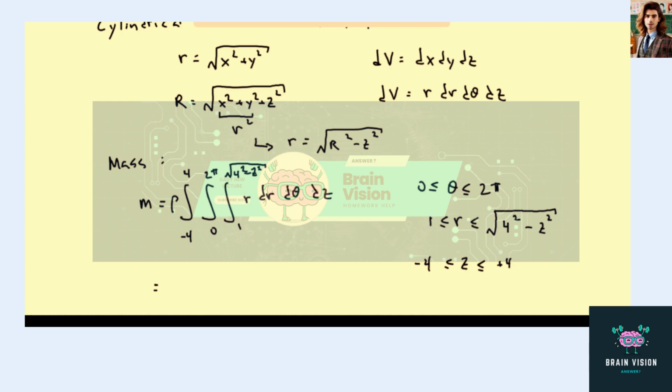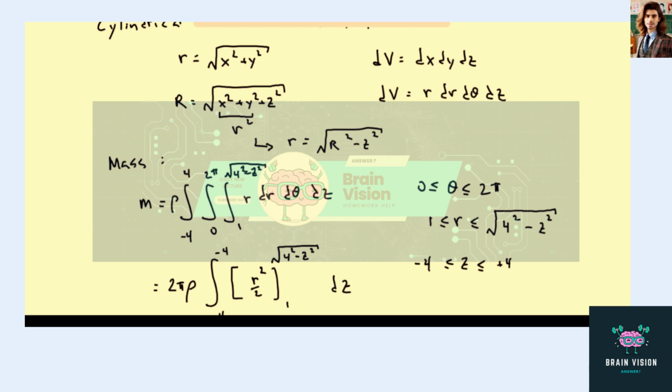The integral on theta will be easy to evaluate because our integrand does not depend on theta. This will give us 2 pi times rho times the integral over z from minus 4 to 4, where we'll be integrating r squared over 2. This is the integral of r dr for r ranging between 1 and the square root of 4 squared minus z squared.